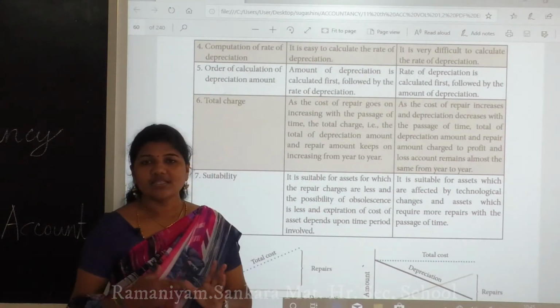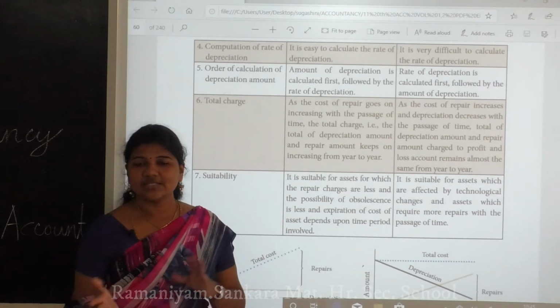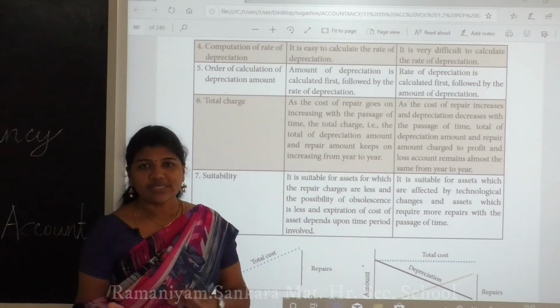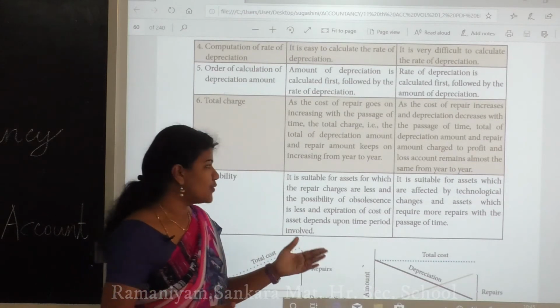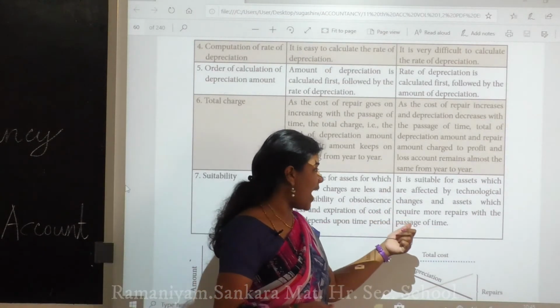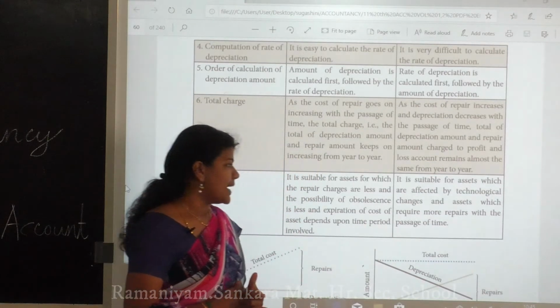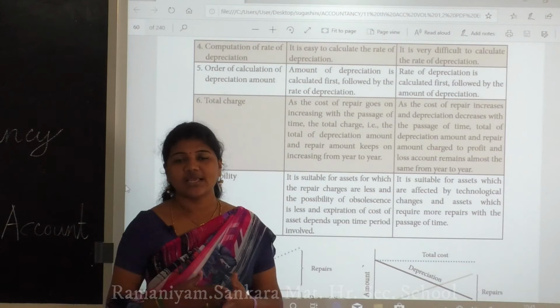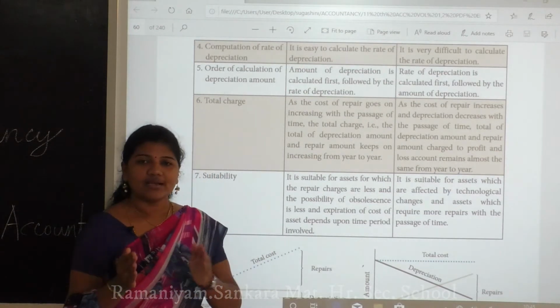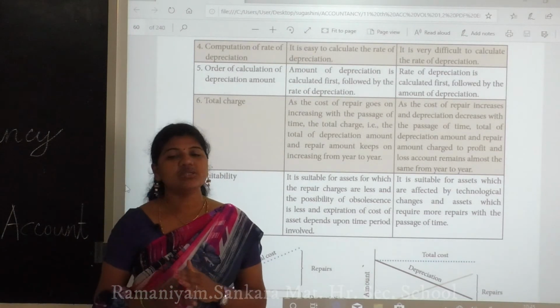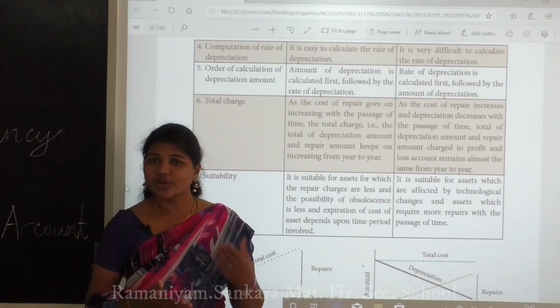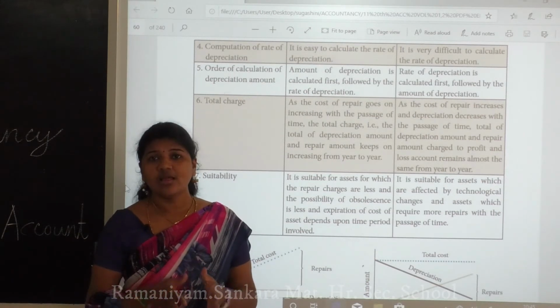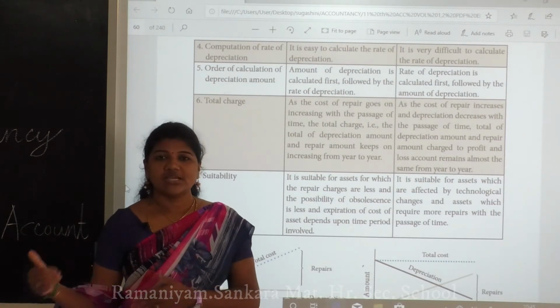Nowadays innovations grow, so when anything changes, they have to change all those assets which require more repair with the passage of time. Anything that needs repair, we have to change with the passage of time. If a machine can't run for 2 or 3 days, that is a loss, because production is delayed.